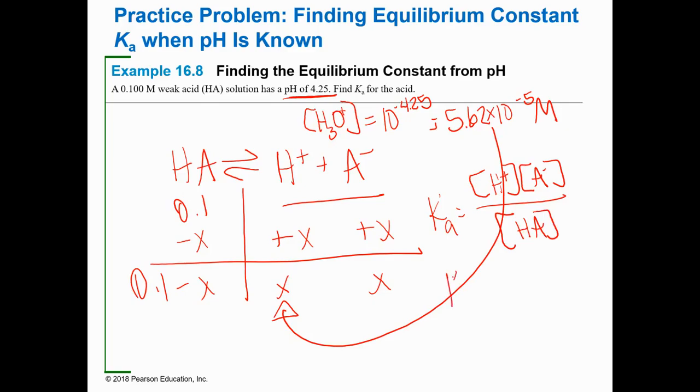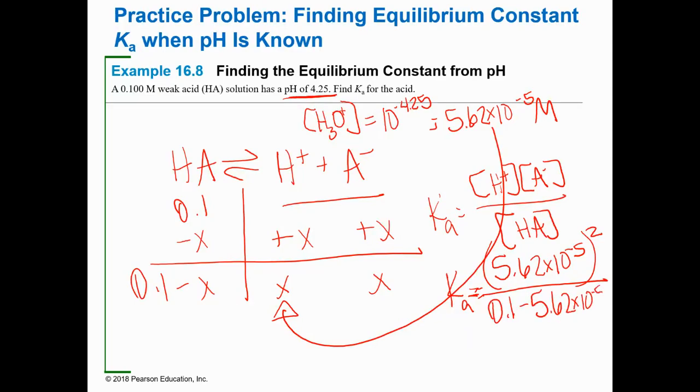I've got my 5.62 times 10 to the negative 5. And because that's x, I've got 2 of them on the top. And then on the bottom, I'm going to do 0.1 minus 5.62 times 10 to the negative 5. Make sure you put that in parentheses. You don't want to get the answer wrong because of that.